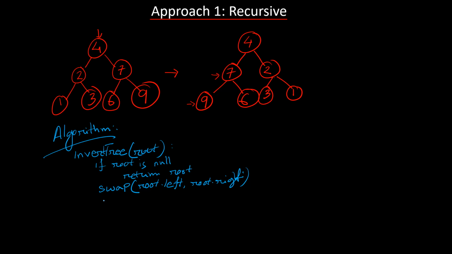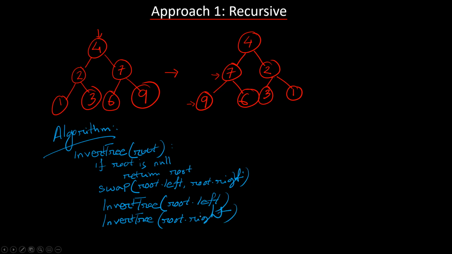Then we have to do the same thing repeatedly for the child, which is invert tree for root dot left and invert tree for root dot right.